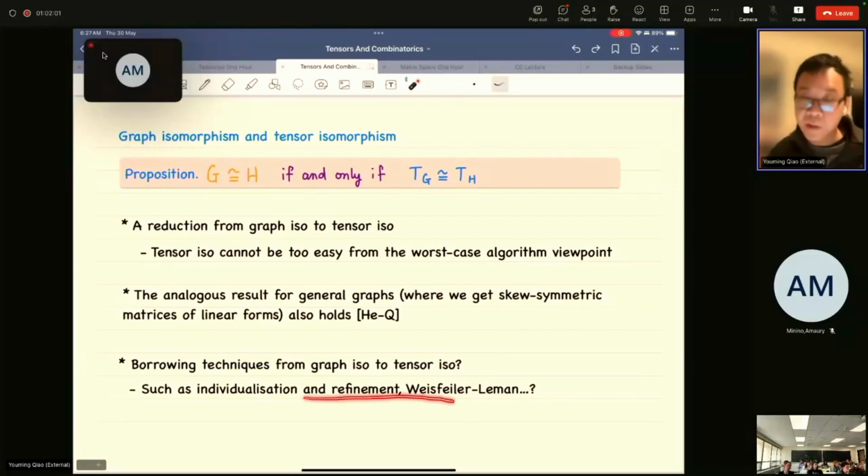These are very classical arguments for graph iso, because graph iso has been very intensively studied since the 1950s and 1960s. So there's a vast literature on graph iso. So once we have this connection in mind, maybe we can try to borrow, or at least think about borrowing, techniques from graph iso to tensor iso.